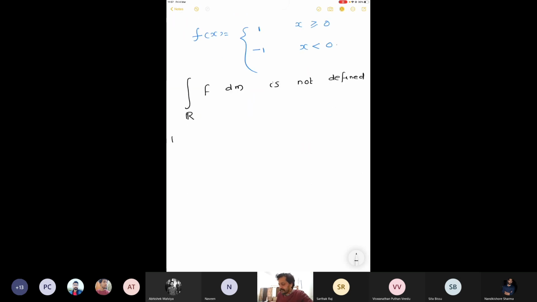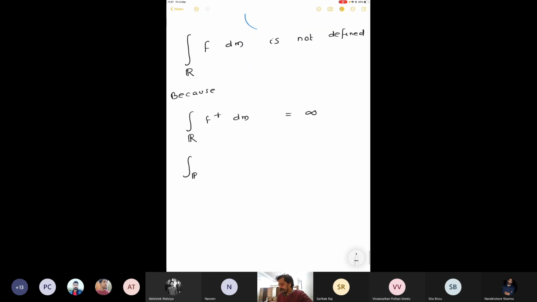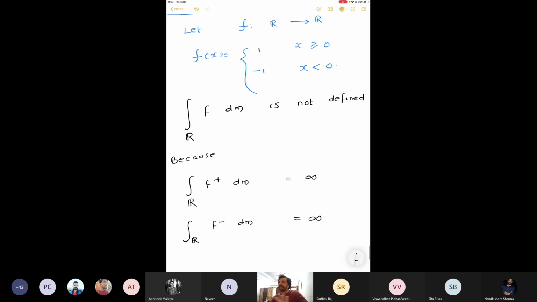But you check it, the integral over R of f plus dm is infinity, and the integral over R of f minus dm is also infinity. So we will not attempt to define the Lebesgue integral. We just say that f is not integrable.